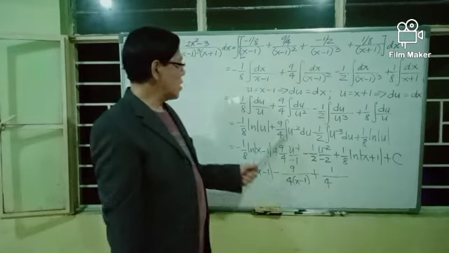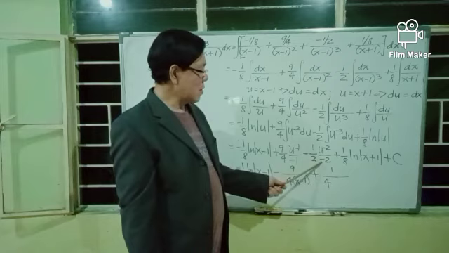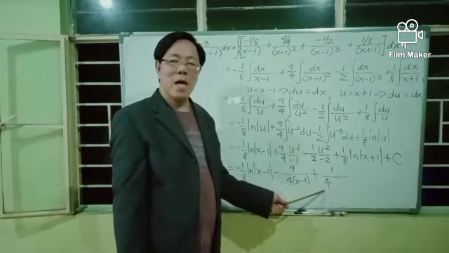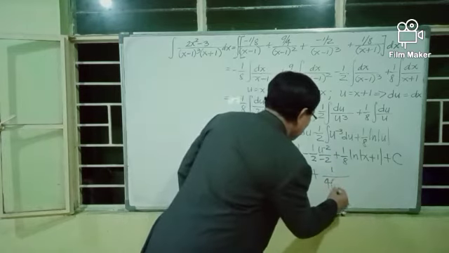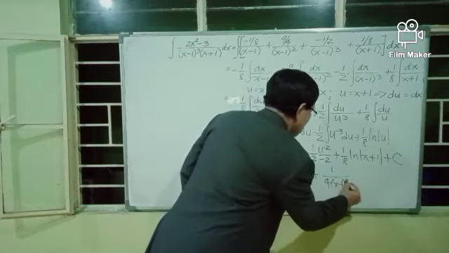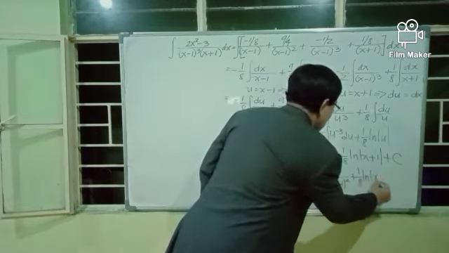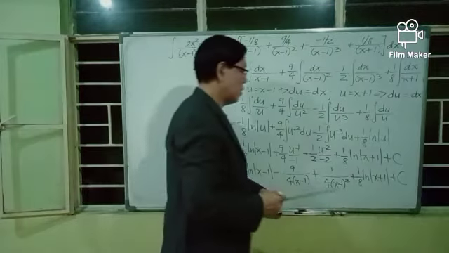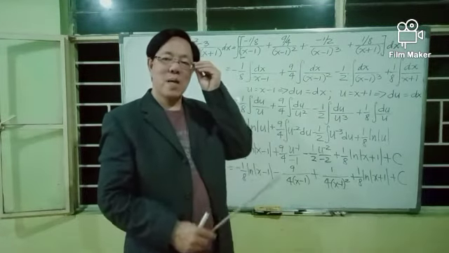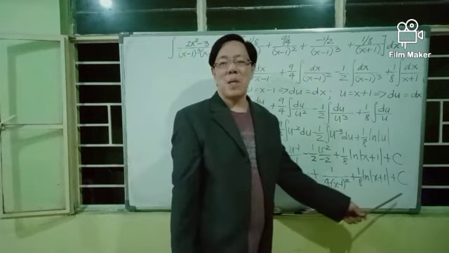But u is equal to x minus 1. Hence, this term is 1 over 4 times x minus 1 squared. And the last term is the same, plus 1 over 8 multiplied by ln of x plus 1 plus c.